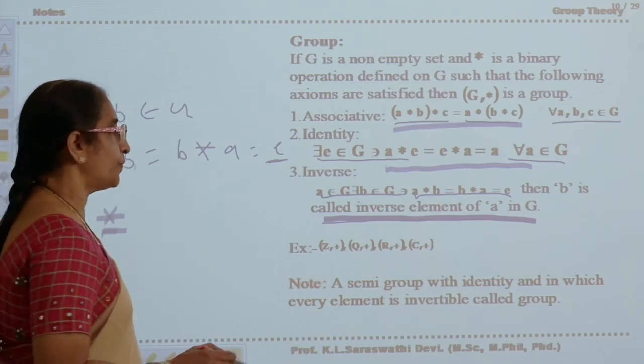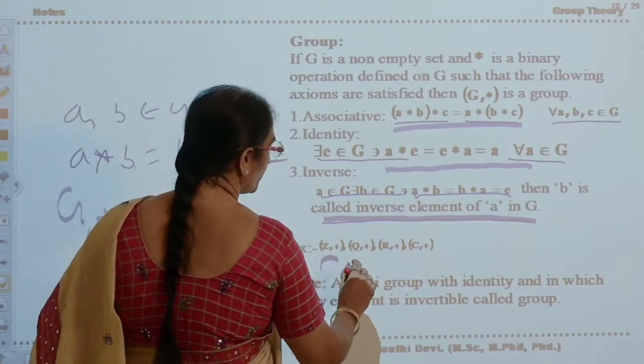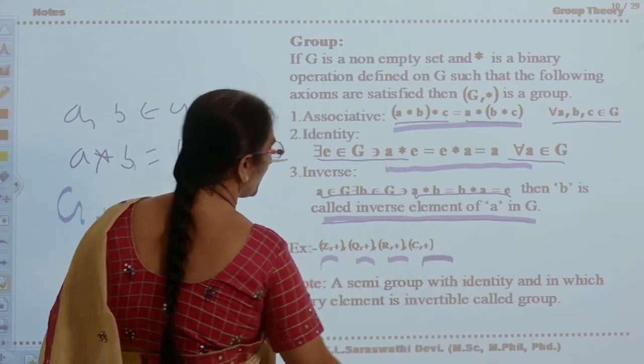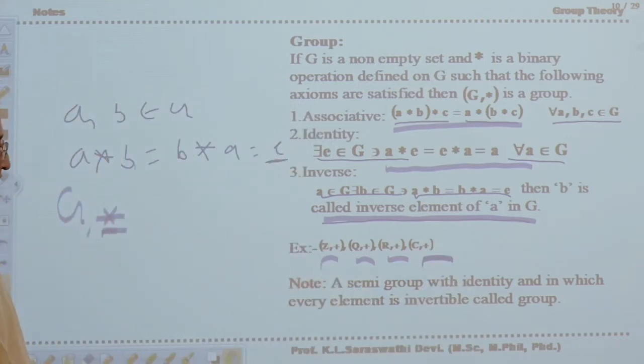Examples of group are (Z, plus) is a group, (Q, plus) is a group, (R, plus) is a group, (C, plus) is a group. Yes, this I told you. A semigroup with identity and in which every element is invertible is called a group.